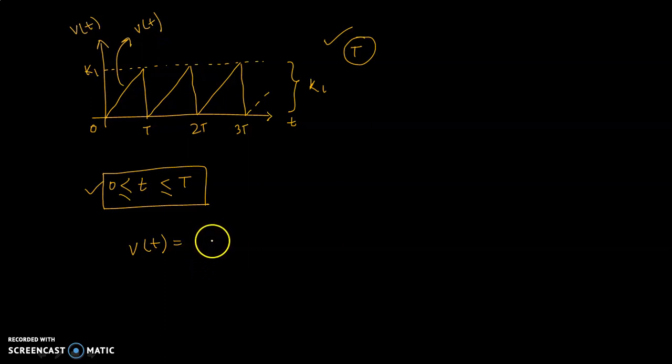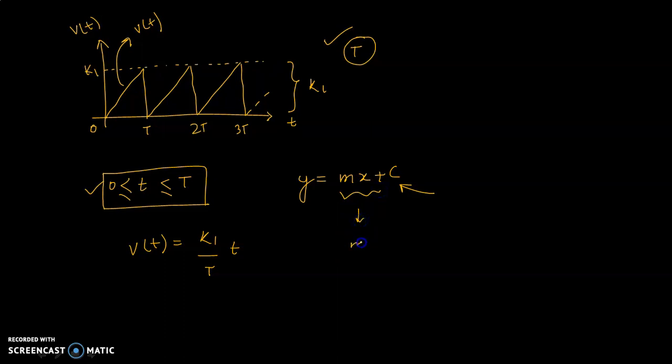V of t is equal to k1 by T times t. We follow y is equal to mx plus c, where c is the intercept, which is not given here.